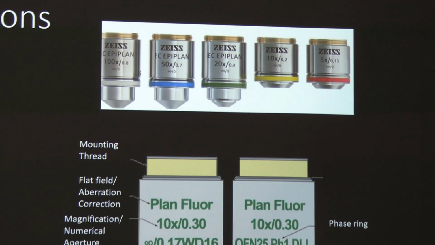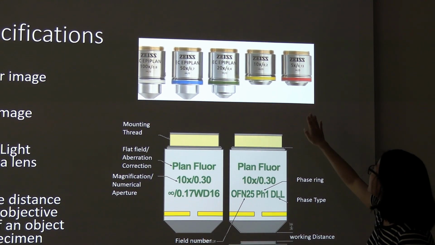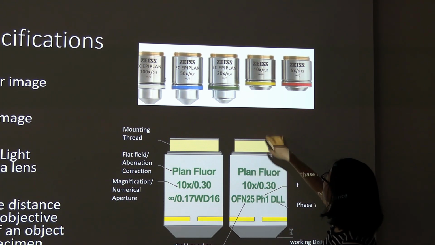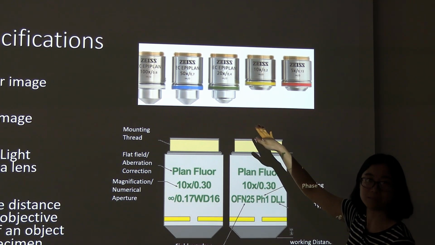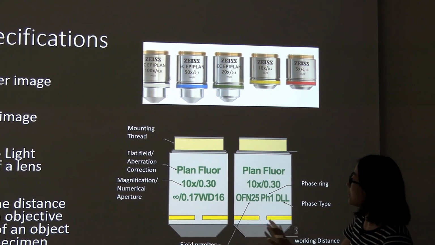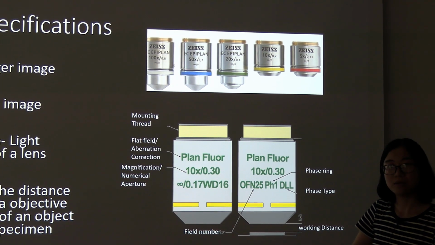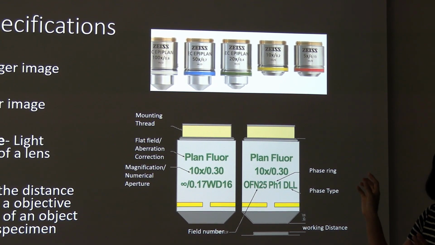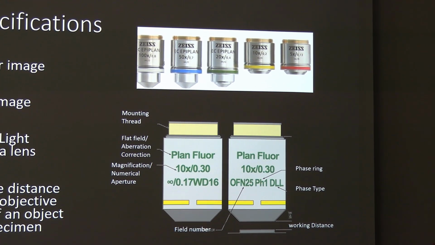So if you can get focus under the low magnification objectives, for example, 10 times or 20 times, you don't need to change the focus when you switch from one objective to the other. So it's much easier to handle.